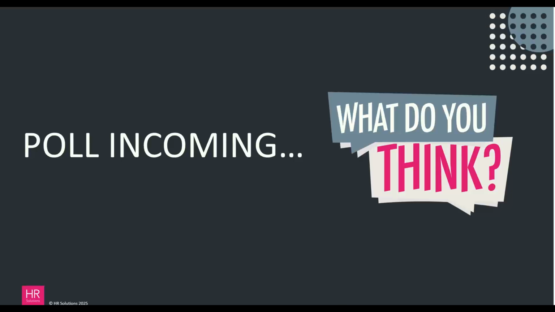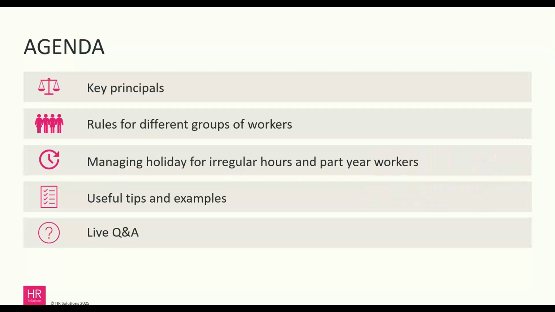So what I thought I'd do in terms of structuring the session, we're going to cover the topic by first of all setting out the key principles that are set out in law that all employers must have regard for, regardless of types of workers at this stage. We're then going to look at the rules in terms of how they relate to holiday entitlement and pay, and how they can differ depending on a person's working arrangements.